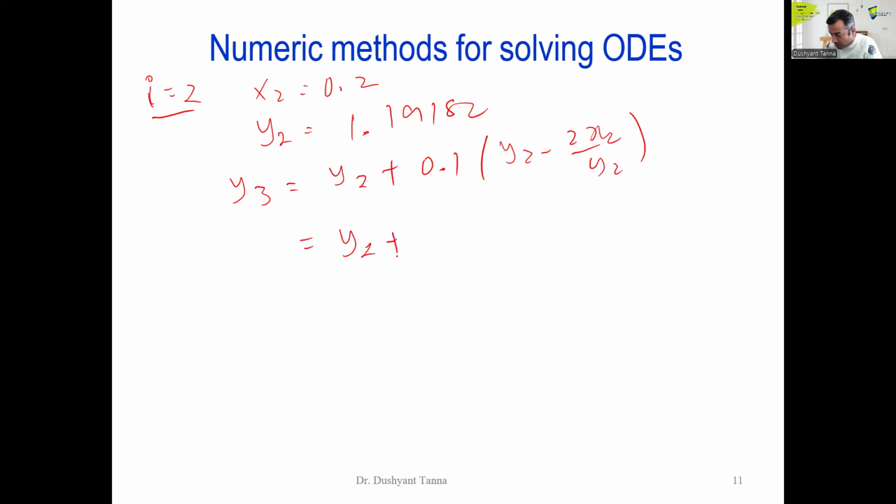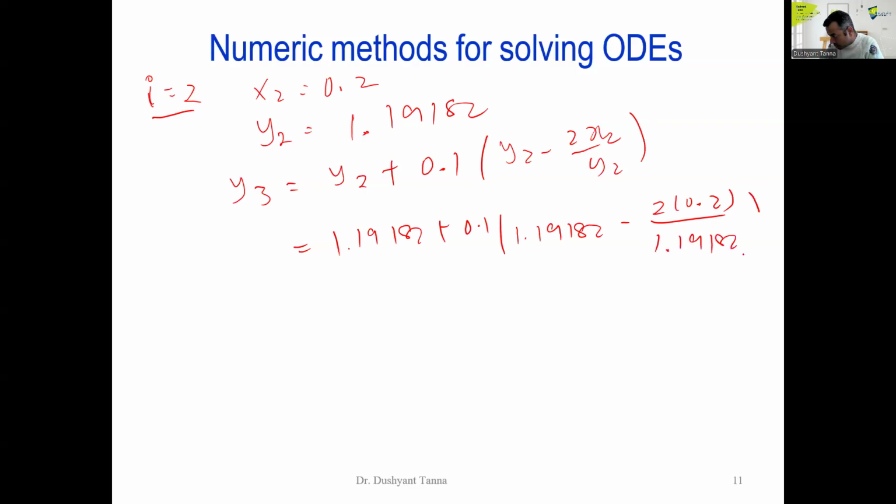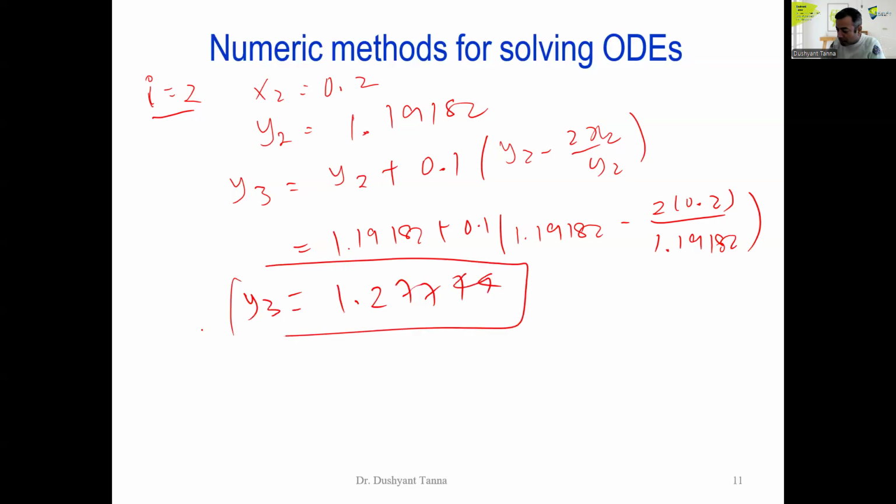So once you plug in all the values, 1.19182 plus 0.1 times 1.19182 minus 2x2, where 2x2 is 0.2, over 1.19182, and simplify that. You will end up getting your y3 as 1.27744. That's your y3. Similarly, y4, y5, y6 up to y10.